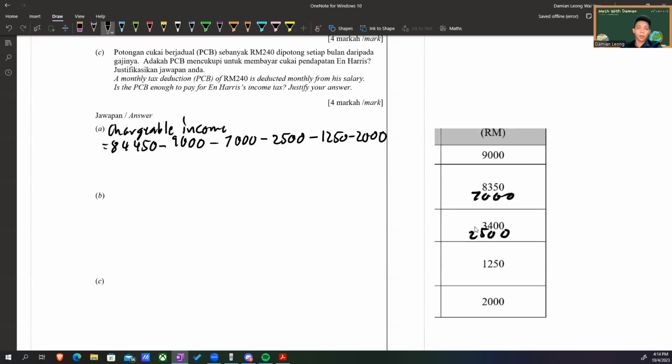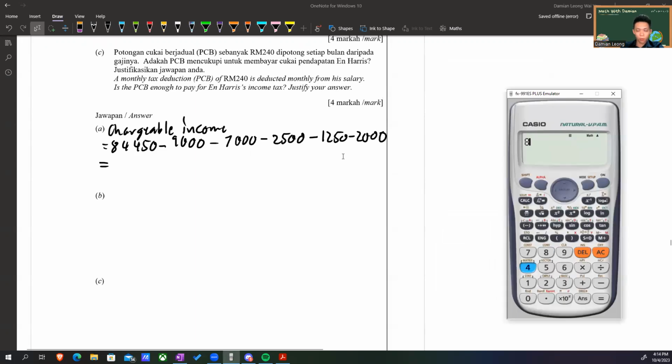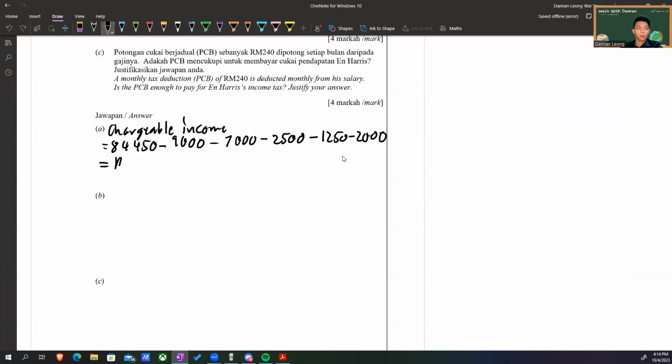Make sure you cap at the limit; you cannot minus more than the limit. So 84,450 minus 9,000, minus 7,000, minus 2,500, minus 1,250, minus 2,000, which gives 62,700 ringgit. That's the chargeable income.